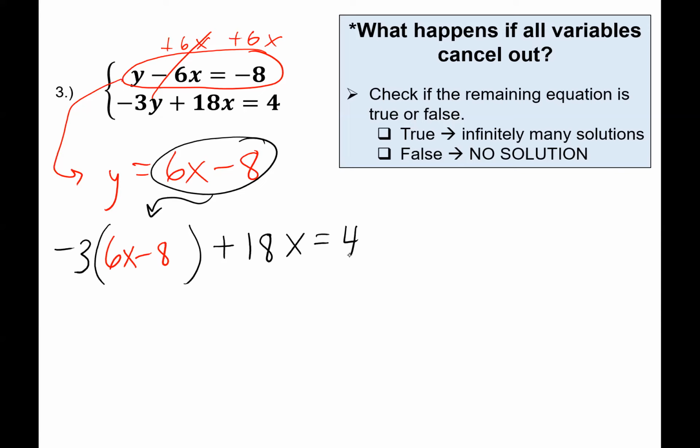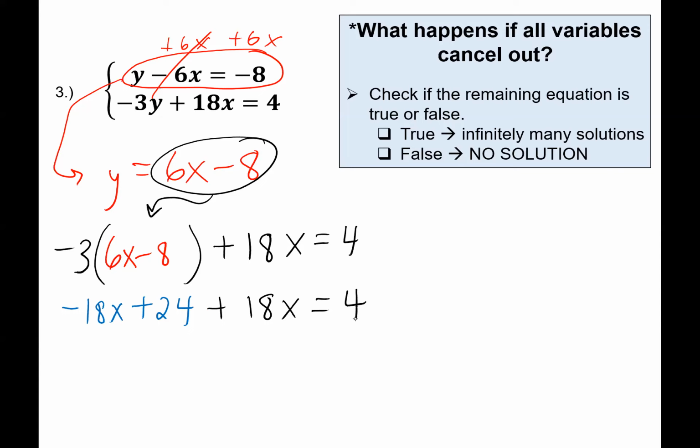Okay, so just like the last couple problems, let's solve for x. Let's distribute that negative 3. So negative 3 times 6x is negative 18x. Negative 3 times negative 8 is positive 24. And then I'll keep copying everything else down. Plus 18x equals 4.